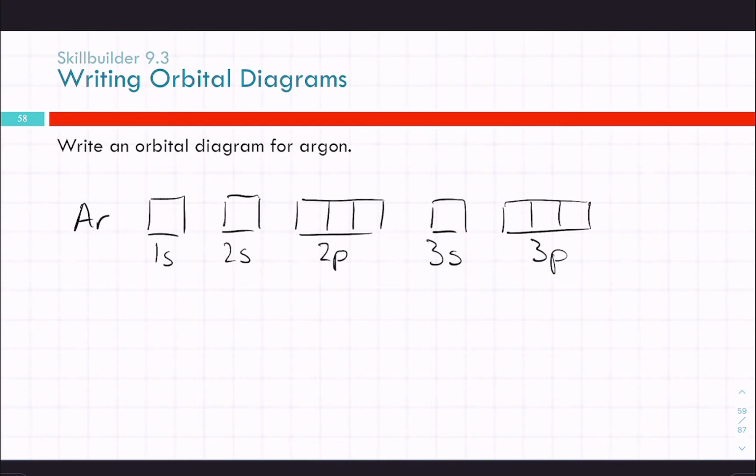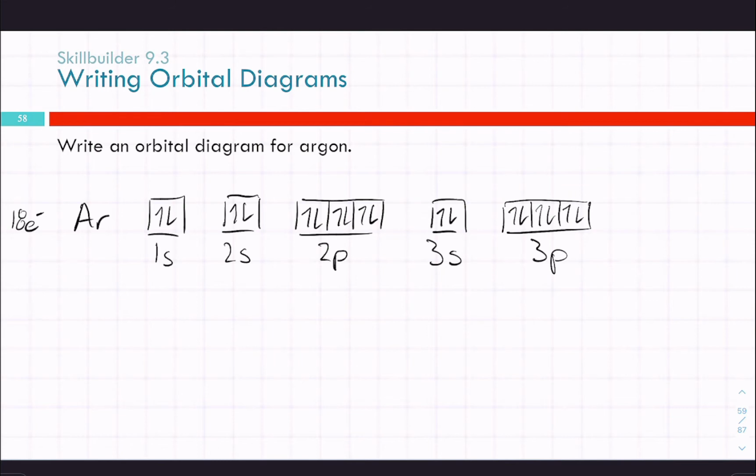And then we can just fill in all the electrons for argon. So argon has 18 electrons. Let's go 1, 2, 3, 4, 5, 6, 7, 8, 9, 10, 11, 12, 13, 14, 15, 16, 17, 18.